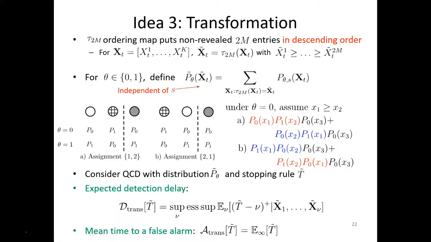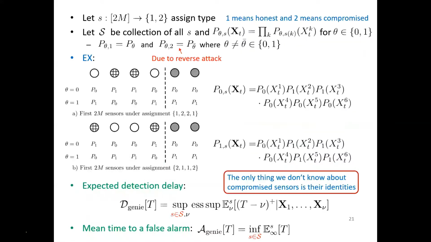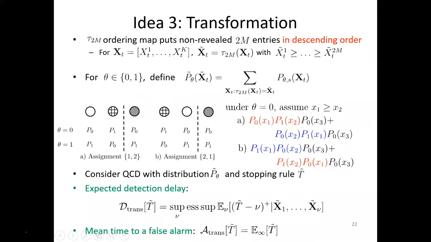This is good because we can finally get rid of the compromised sensors. After the Genie, I said that the problem depends on the compromised sensors only through this S. But here, for this problem, we don't have that S anymore because the problem is independent of S. So for this transformed QCD, the delay and the mean time to a false alarm are just like this, and that's the traditional QCD with this PDF.